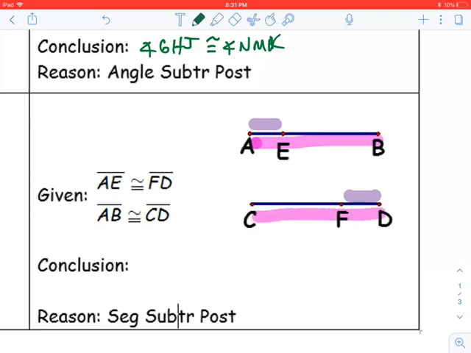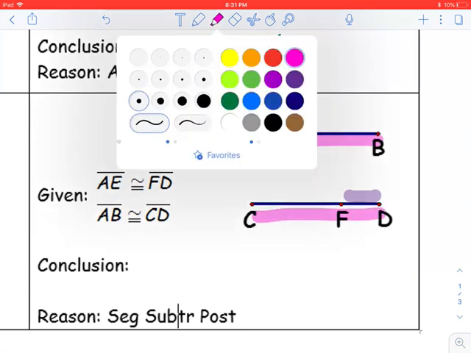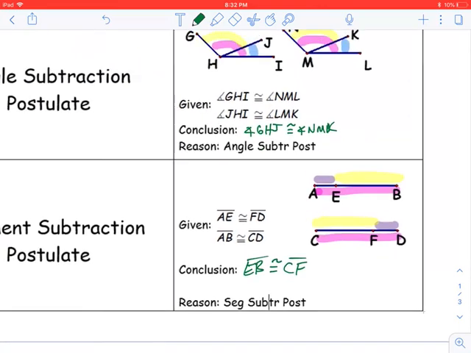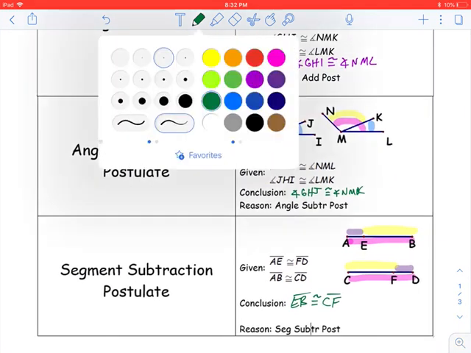So if we know that information, then all we have to do is say, okay, we'll take this part off and what's left over. So what's left over would be EB and CF. So those two parts are congruent. So EB is congruent to CF for our conclusion. Okay? Segment subtraction. All right?